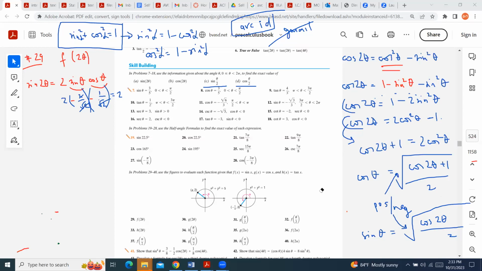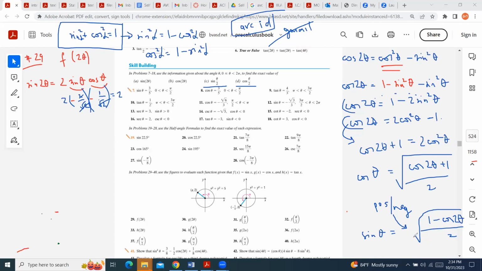I erase 2 theta, now theta here. So in the square root, those erased. So 1 minus cosine of 2 theta divided by 2.